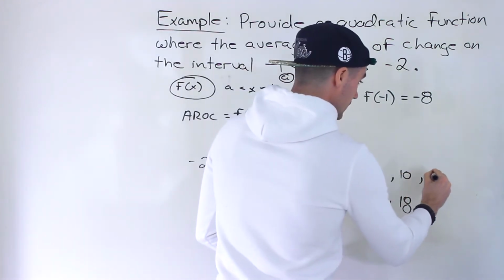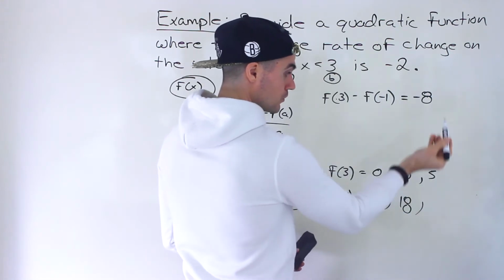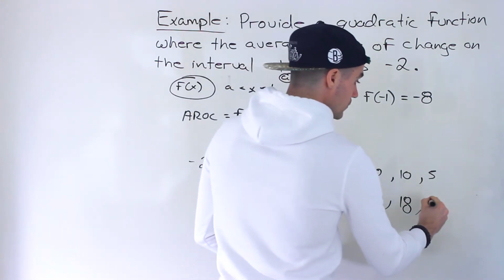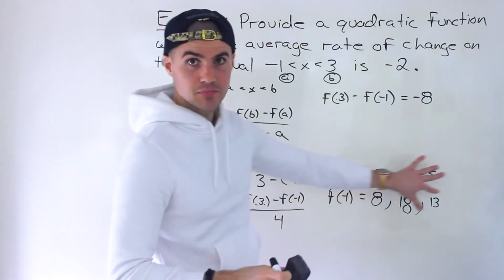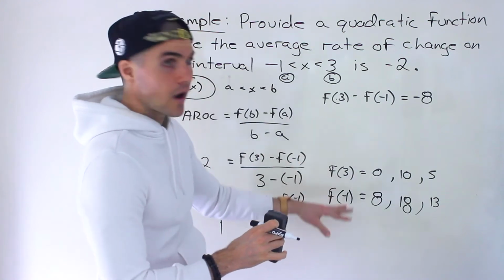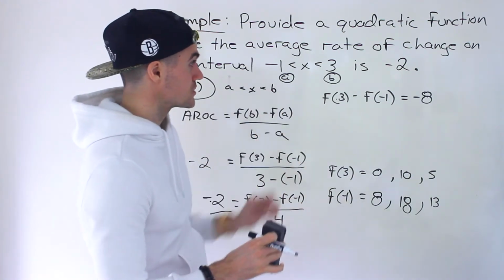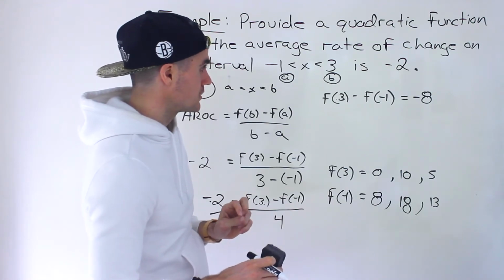Or we can maybe put, let's say 5 over here. 5 minus what number would give us -8? Well, it would be 13, right? And we can create possibilities like this an infinite amount of ways. So that's why there's an infinite amount of solutions for this particular question.